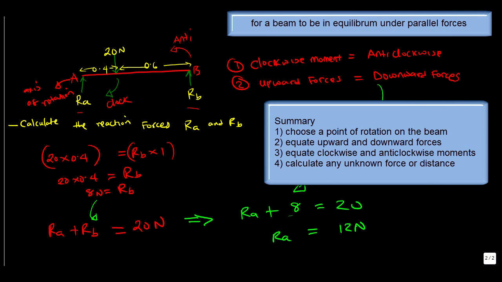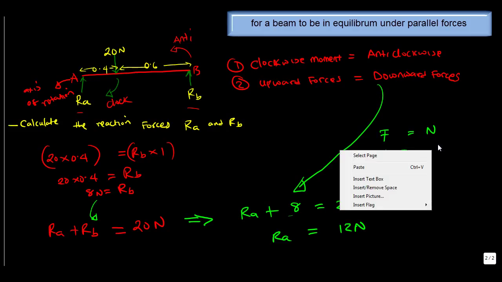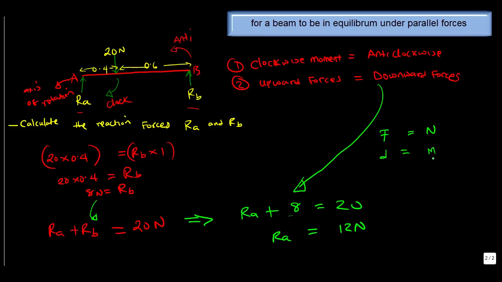And I should have mentioned actually that force is measured in newtons and distance is measured in meters. So that means moment, which is something else, torque, has a unit of newton meters.